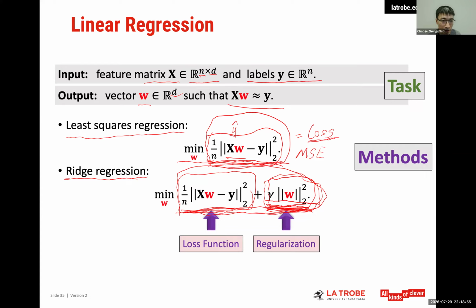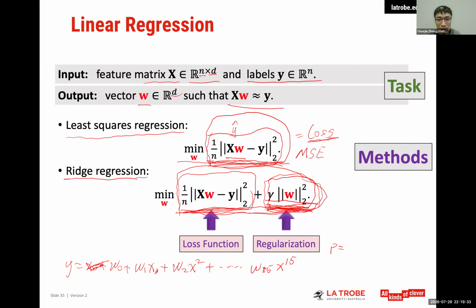Let's say for example, for polynomial regression, we may have w0 plus w1 x1 plus w2 x squared plus w3 x cubed, up to w15 x to the 15.